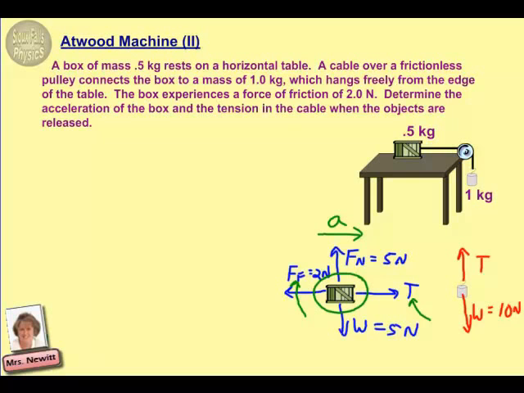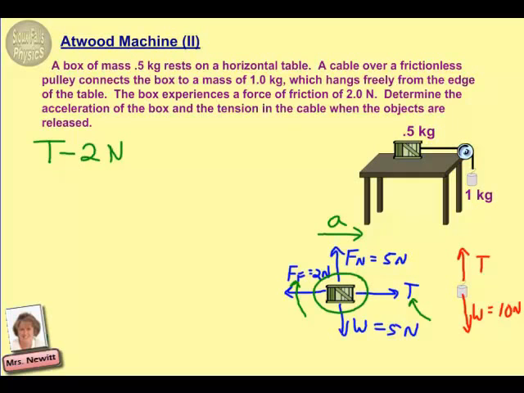Also remember that even though we don't know the amount of the tension, we do know that in order for the acceleration to be to the right, we need to have more tension than friction. So the first part of our equation is simply looking at our free body diagram and stating that the net force is tension minus the force of friction, which is 2 newtons.